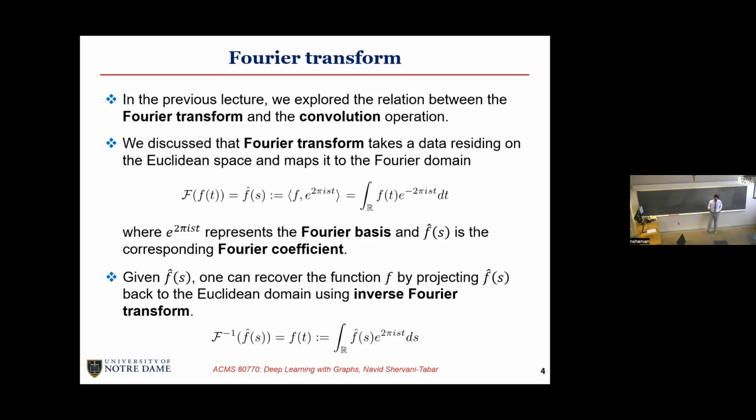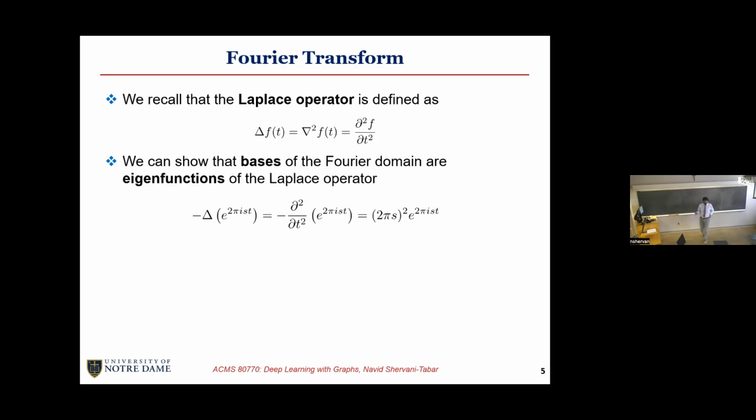Okay. So we want to now use that and find an analog in the graph domain. That's the idea. That's why we're looking at this. And if you remember from our fifth lecture, we said that the Laplacian matrix is the analog of the Laplace operator for graphs. So now we use this analogy.